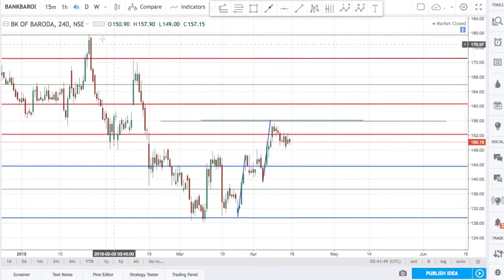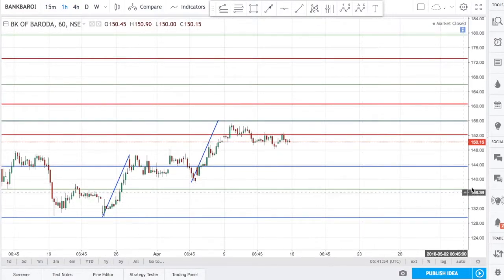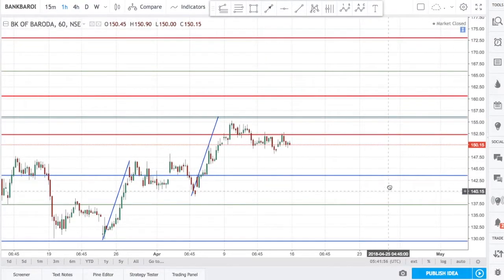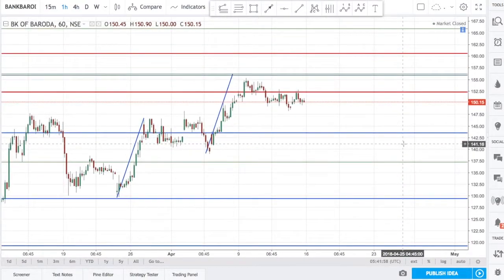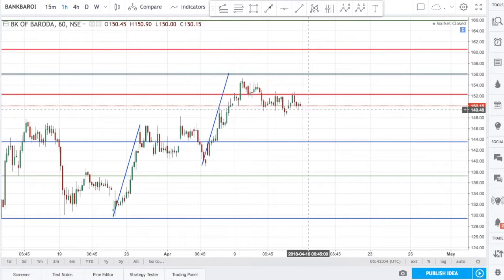Now once again, let's drop down to a 1 hour chart. This is a 1 hour chart, and there is an RSI divergence on this 1 hour chart.